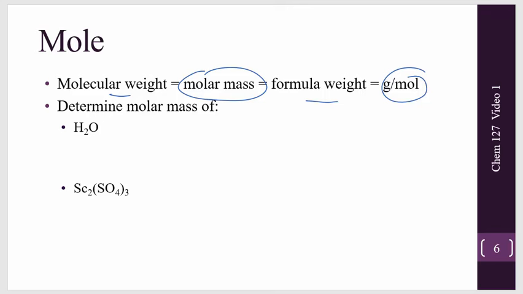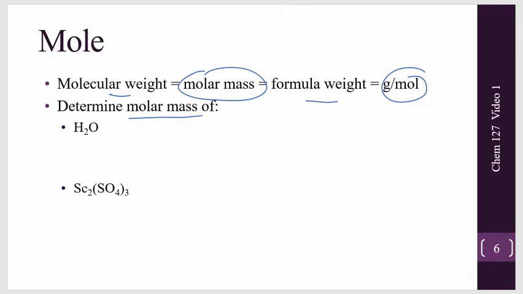So, just a few examples of how to determine this. Molar mass, first of H2O. We need a periodic table to be able to do this, so go ahead and pull yours out. But we also need the chemical formula. Here we have 2 hydrogens, so we'll use its weight on the periodic table, and then add that to the number of oxygens.